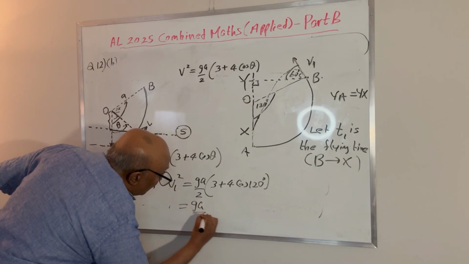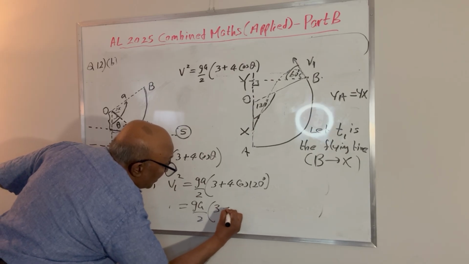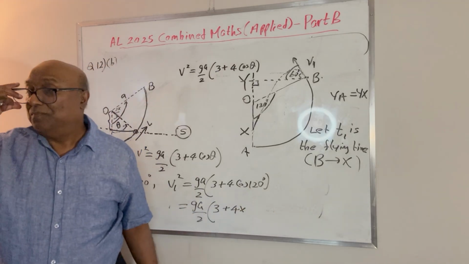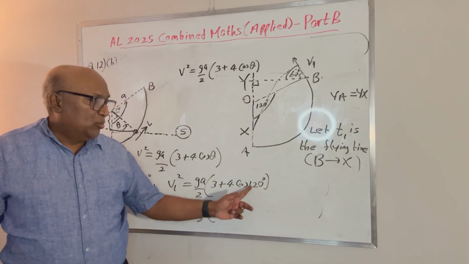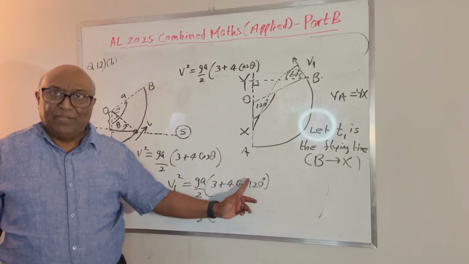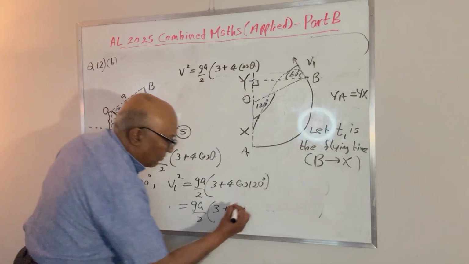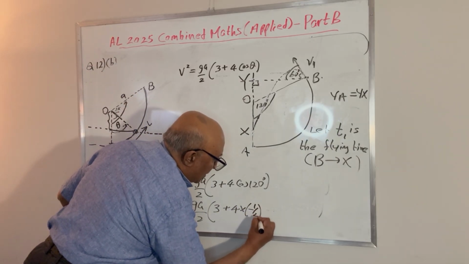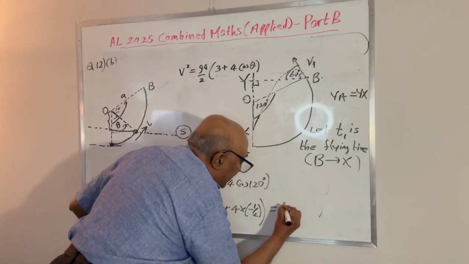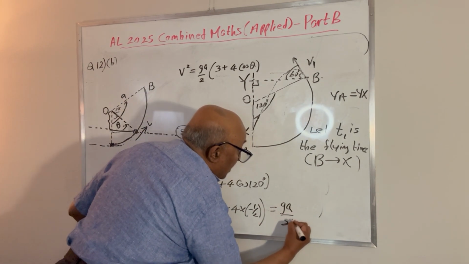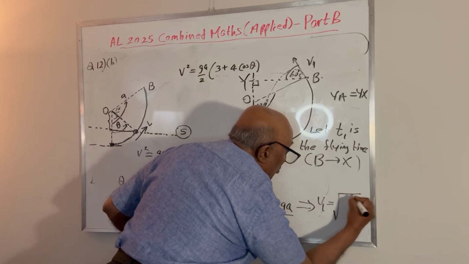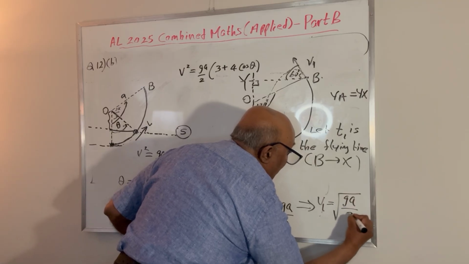From trigonometry you know cos 120 is cos(180 minus 60), which is minus cos 60, minus half. Once you simplify this, you get g upon 2. That means V1 is equal to the square root of g upon 2.